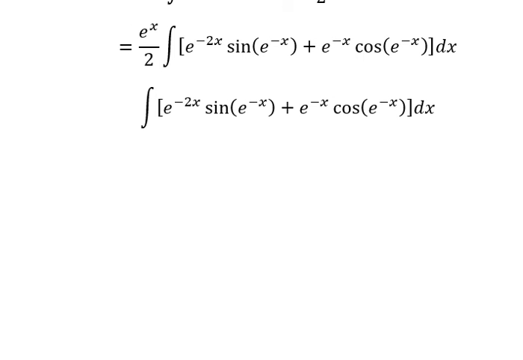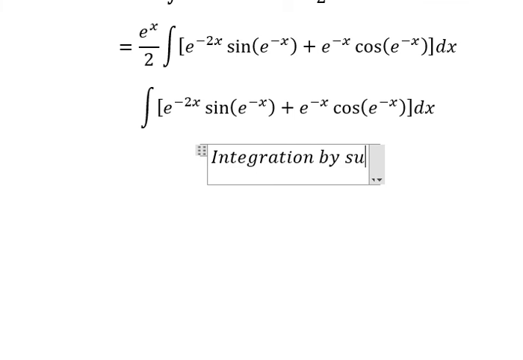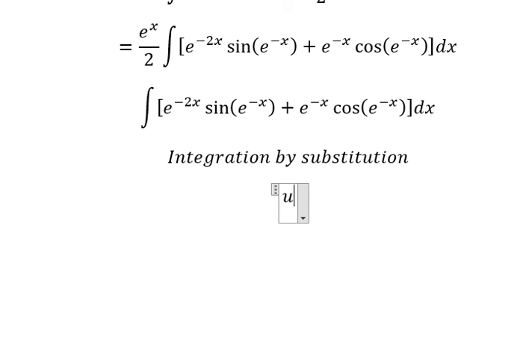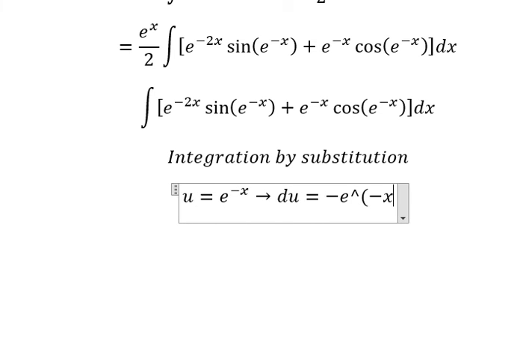So we can use integration by substitution. I will put u equals e to the power of negative s. Later we do the first derivative for both sides, and we have negative e to the power of negative s ds.